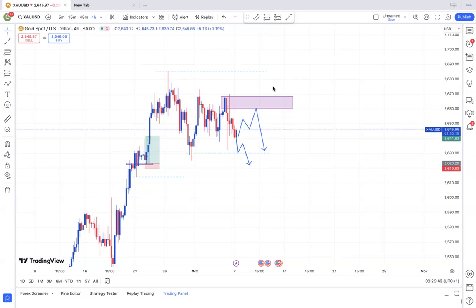Now, when most people are trading, they say there's a 1% rule. If you're trading a $1,000 account, you're only supposed to risk $10 per trade. Now, let me give you a breakdown.